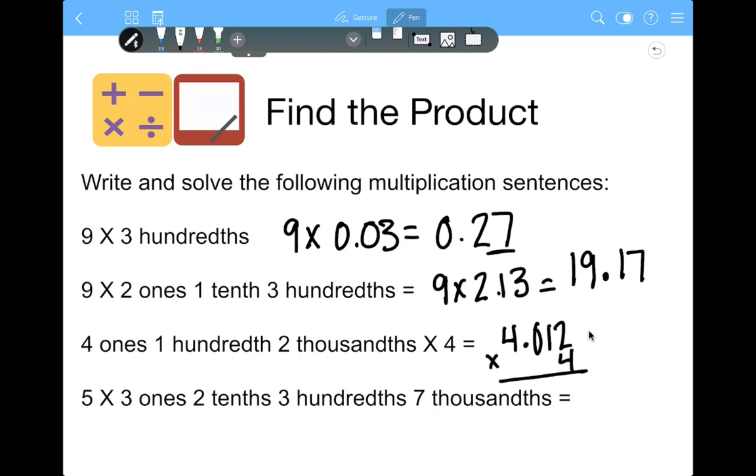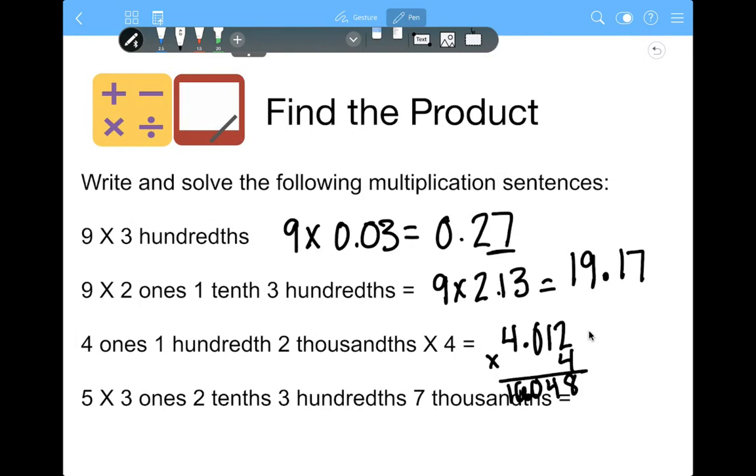Okay, so 2 times 4 is 8, 4 times 1 is 4, 4 times 0 is 0, 4 times 4 is 16, and then I multiplied by thousandths, so my 8 needs to be in the thousandths column, so I'm going to put my decimal there between the 6 and the 0, so 16 and 48 thousandths is going to be my answer for that one.